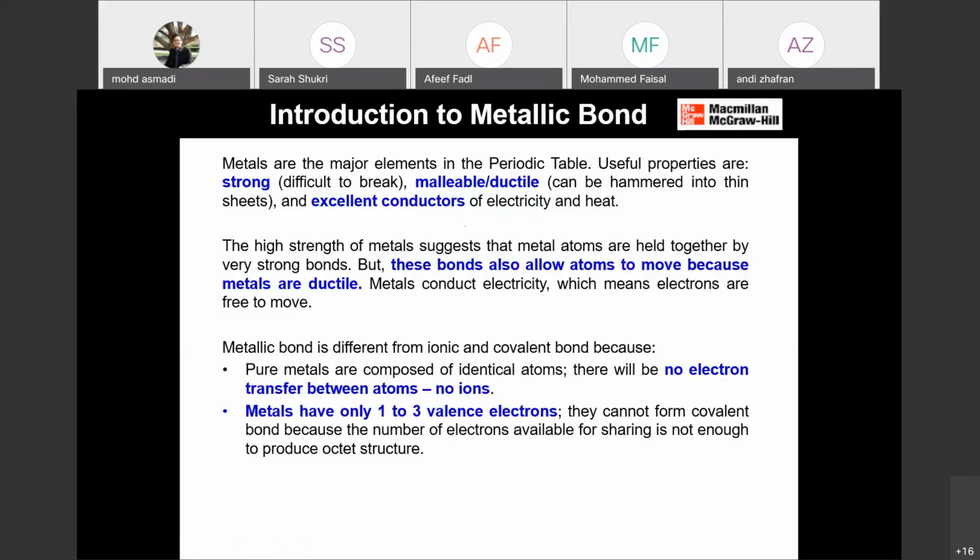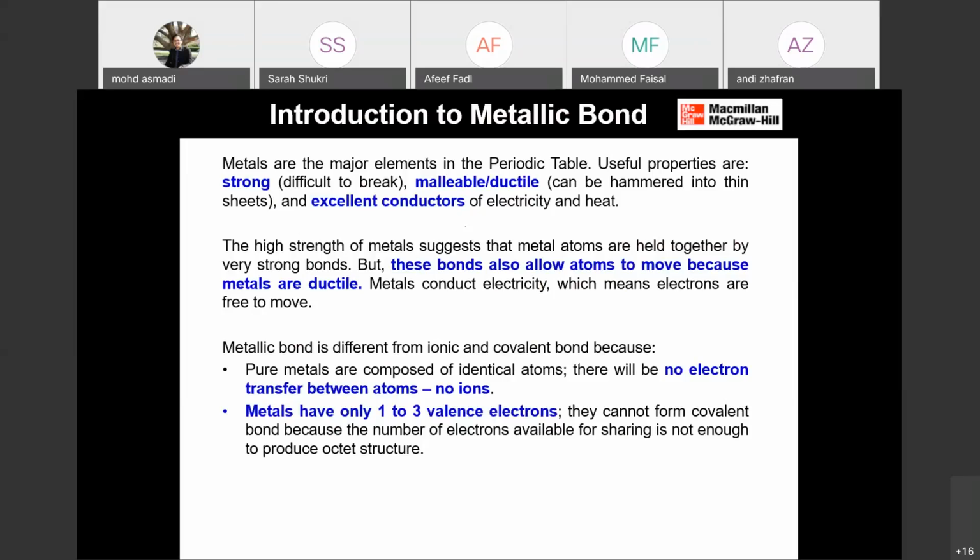They are excellent conductors of electricity and heat because the electrons can move freely. These bonds allow atoms to move because metals are ductile. Metal conductivity means electrons are free to move.